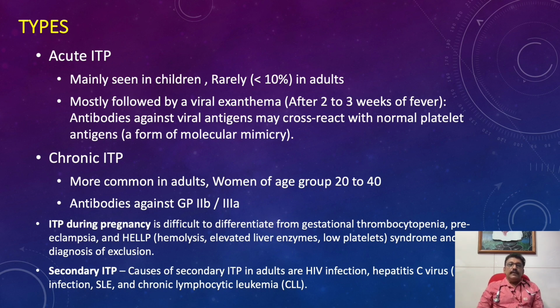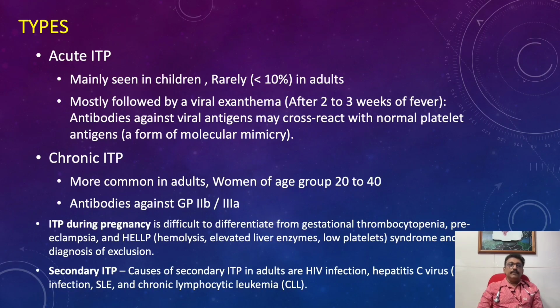Now rarely you can get gestational thrombocytopenia. It can also occur in preeclampsia and HELLP syndrome. In all these conditions we can get transient thrombocytopenia, or in pregnancy ITP can flare up. A patient who has ITP but never had hospitalization or investigation in the past may suddenly, during pregnancy, when we do the routine blood test, develop thrombocytopenia.